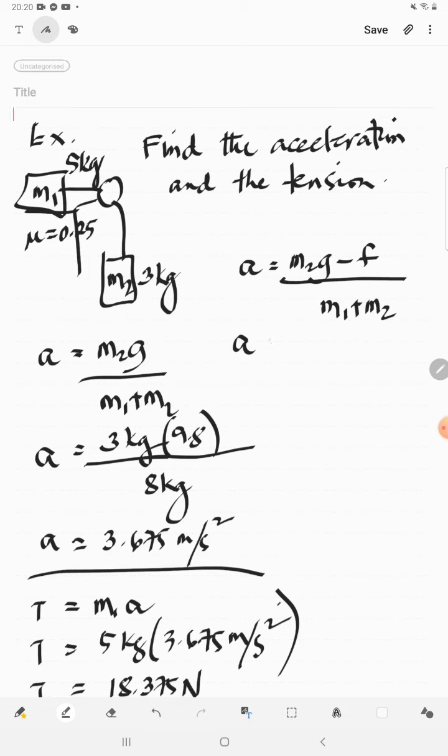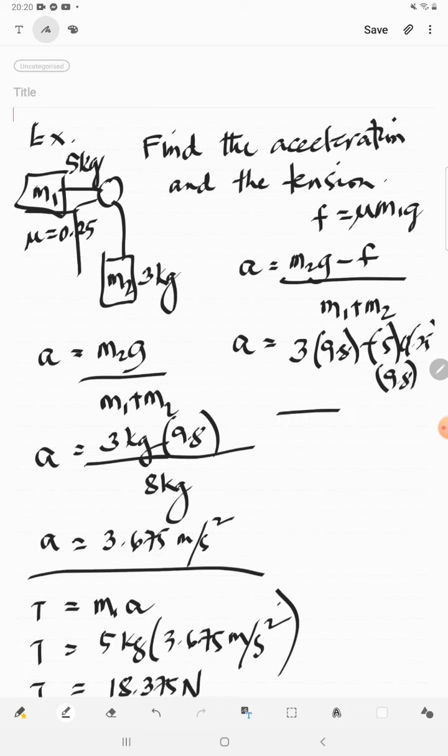Okay, so our A now is simply equal to M2G, which is 3 times 9.8, minus the frictional force, which is simply equal to mu M1G. Okay, so our M1 is 5 times 0.25 times 9.8, divided by 8 kilograms.